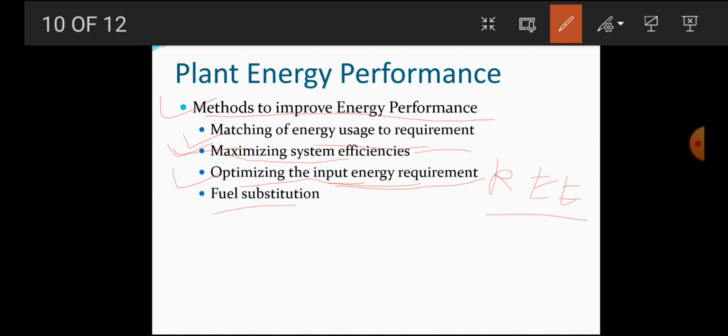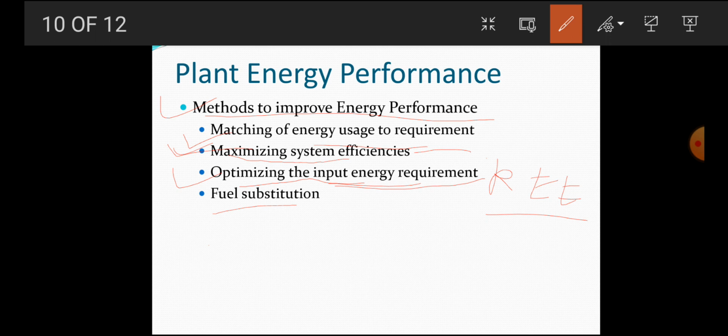So the replacement of electric heaters by steam heaters. Wherever heating applications are there, we should make sure that for heating applications we directly use the steam, or we can directly use coal or fossil fuel, because after all the electricity is produced from the steam.